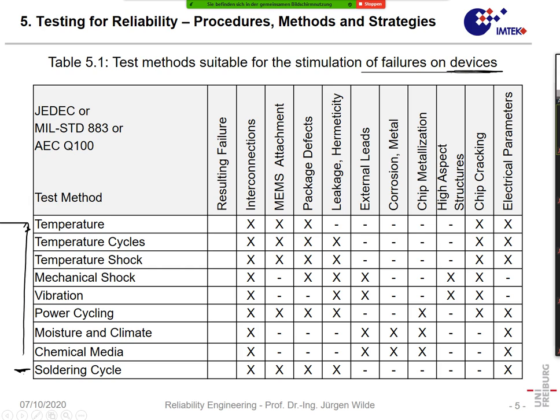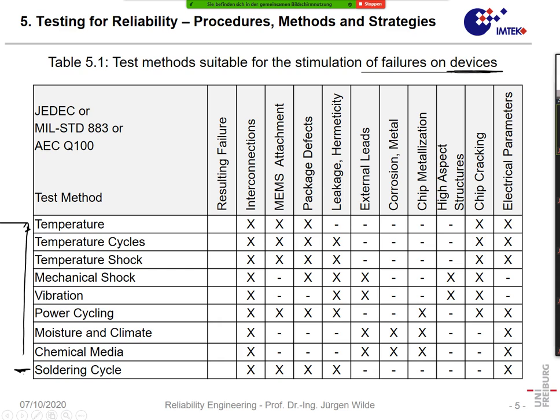We can have interconnections which break, so electrical opens. We have the die attachment, so it is soldered somewhere, and it falls off. We have package defects like cracks or loss of hermeticity. We have external leads which can just break due to fatigue, for instance. We can have corrosion, which is mainly a problem for metal, but which can also be a problem for certain plastics.